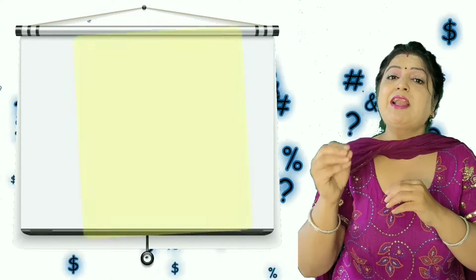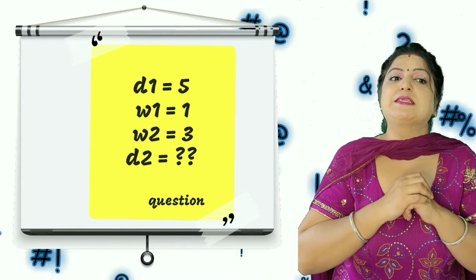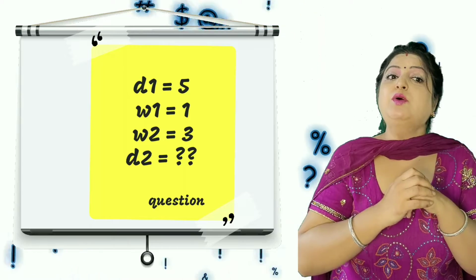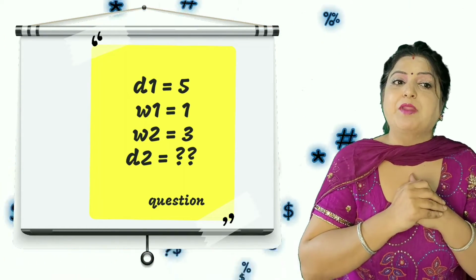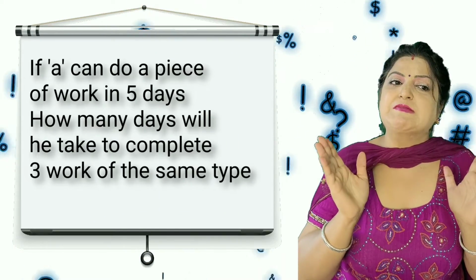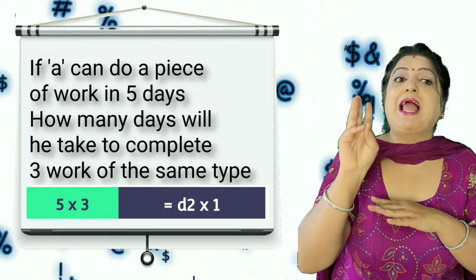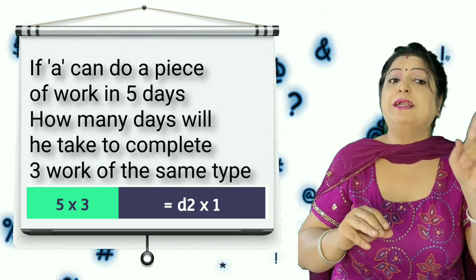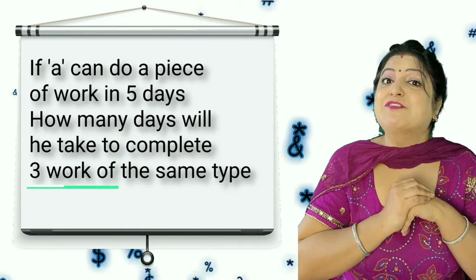Here D1 is given to us as 5 days. W1 is given to us as 1. D2 we have to find out, and W2 is given as 3. Now putting all these values in the formula, we have 5 multiply 3 equals to D2 multiply 1, or D2 equals to, yes, 15 days.